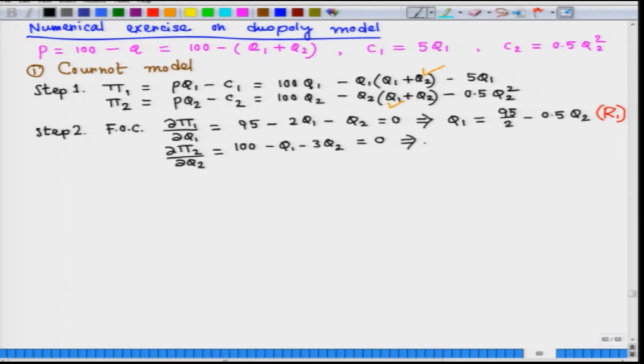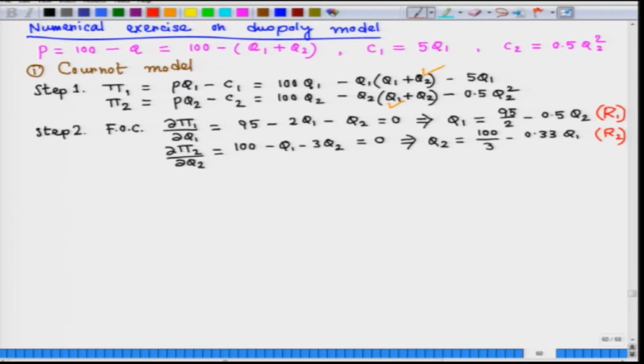And if now I express Q2 as a function of Q1, then I get the following. And if you remember the theoretical discussion that we had earlier, this is the reaction function 2.